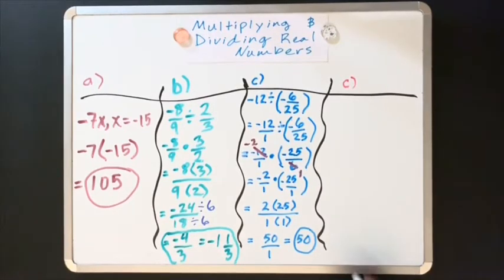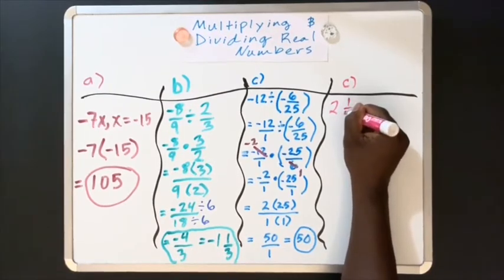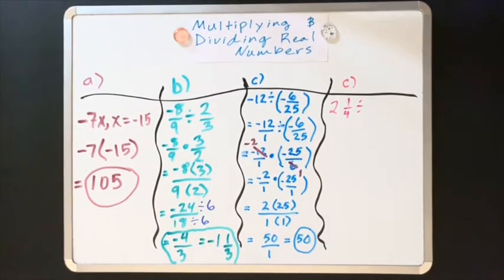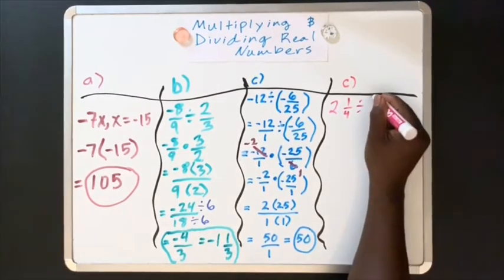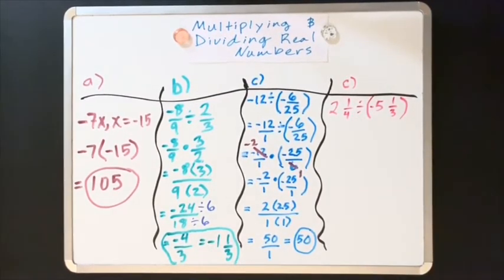We have 2 1/4 divided by -5 1/3. All right. First thing we want to do is convert these mixed fractions into improper fractions where the numerator is larger than the denominator.